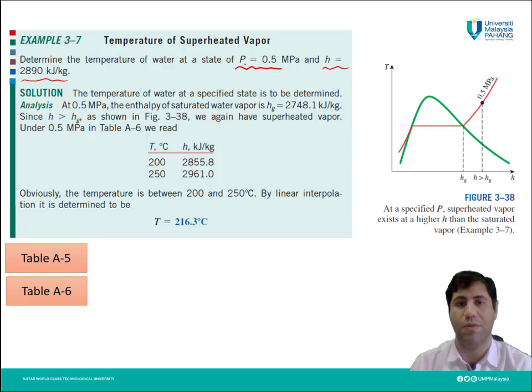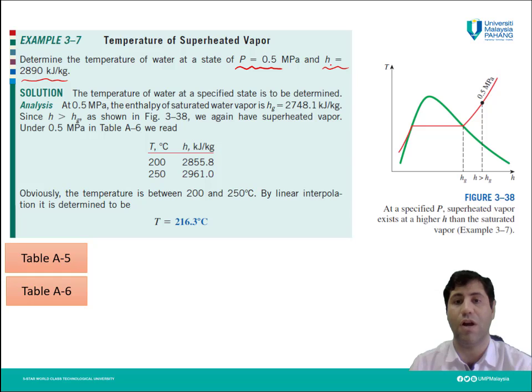Because we have pressure and also enthalpy, the first thing we need to do is go to the table for saturated water according to the pressure, which is table A5. Then we should compare H, which we have here. Here you can see it is not mentioned whether it is hf, hg, or in the mixture. It is only H.